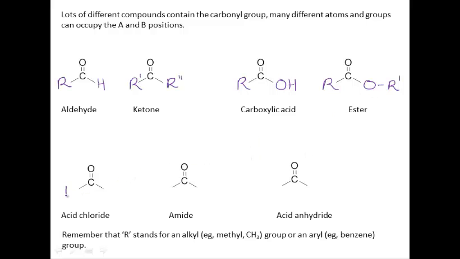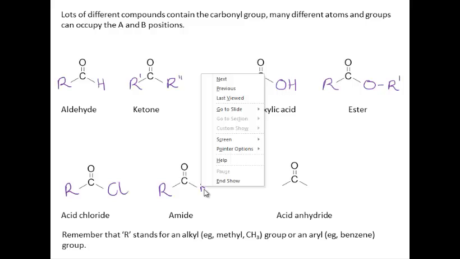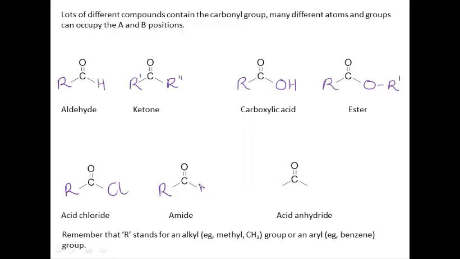For an acid chloride, our R group, our carbonyl group, and then a chlorine atom. An amide has an R group, a carbonyl group, and then an NH2.